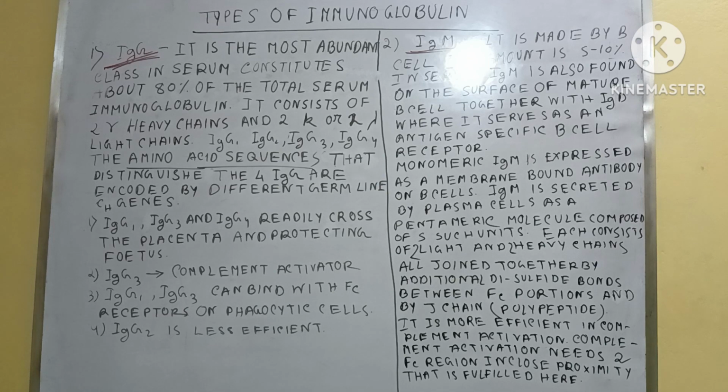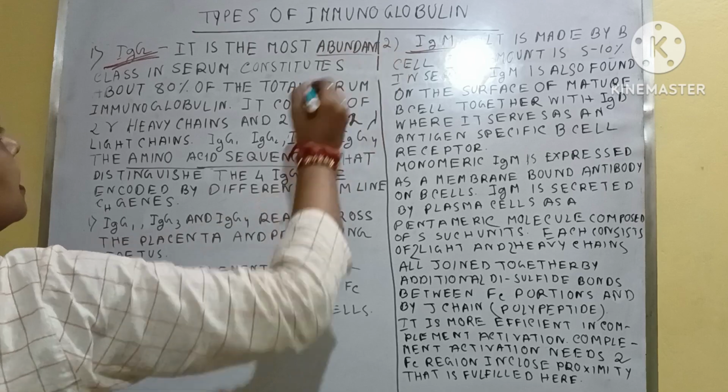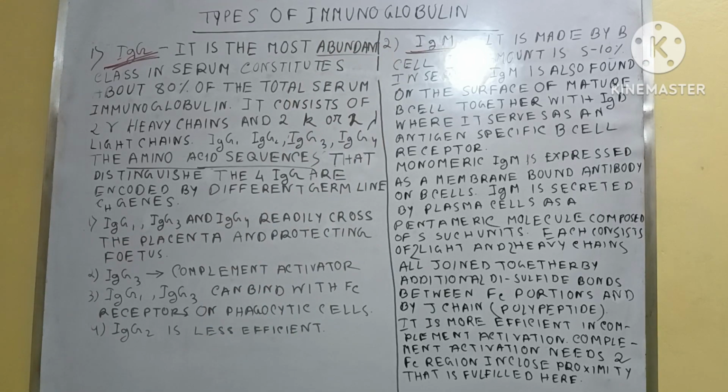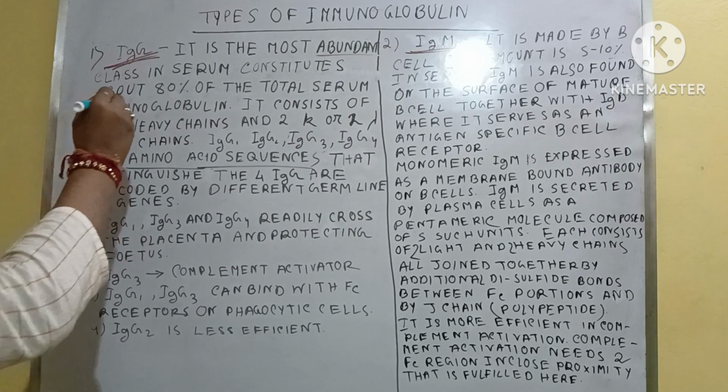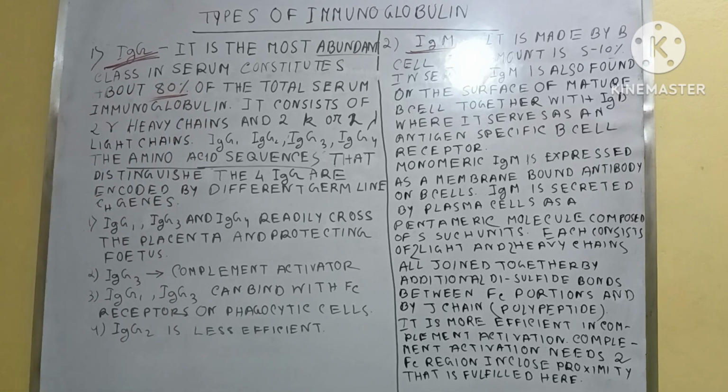IgG is the most abundant immunoglobulin. Generally 80% of the immunoglobulin seen in the serum is IgG. Clear?